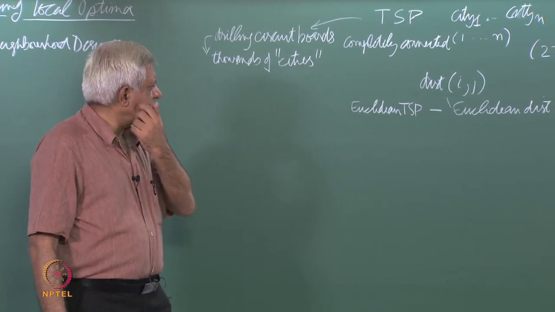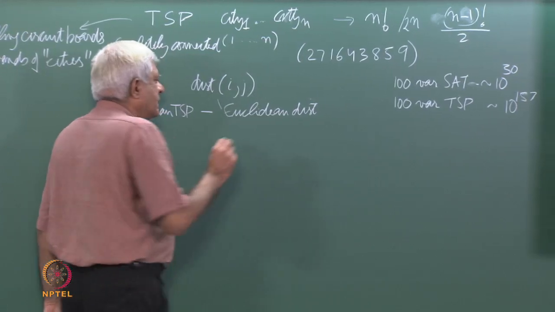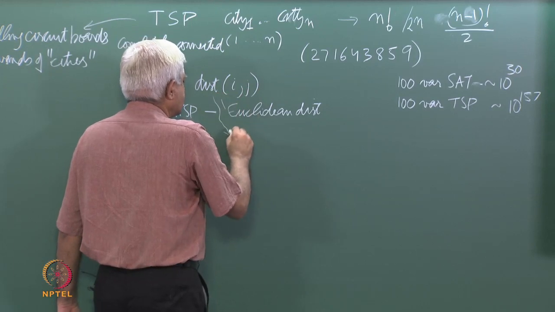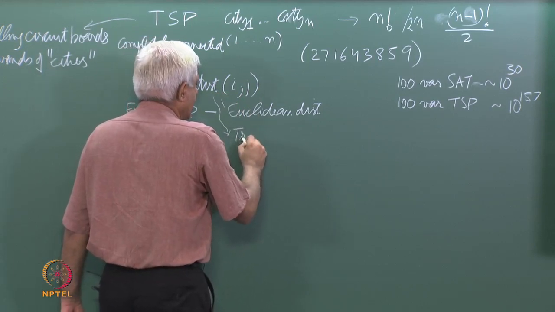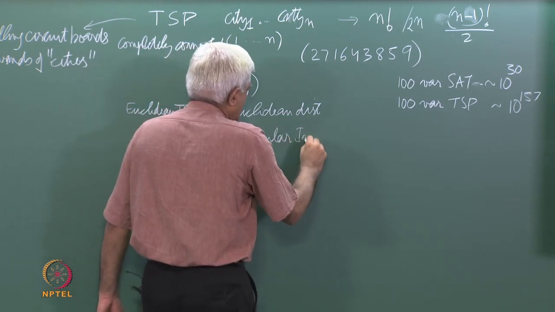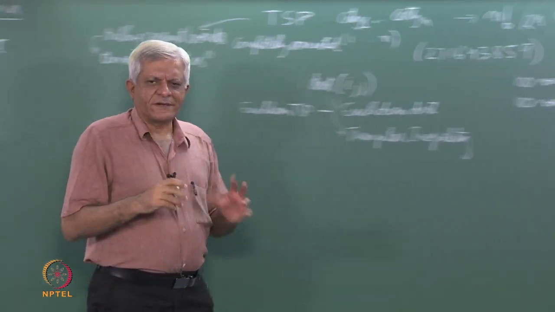Apart from Euclidean distance, we can say that the distance should satisfy what we call the triangular inequality, which is a weaker condition than Euclidean.